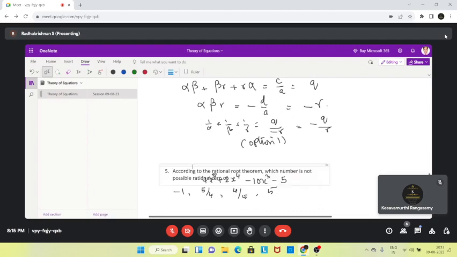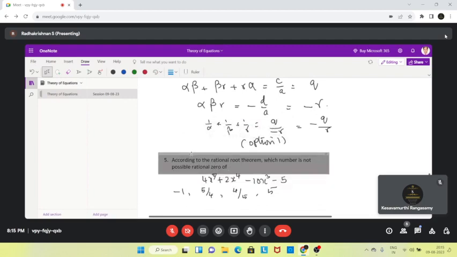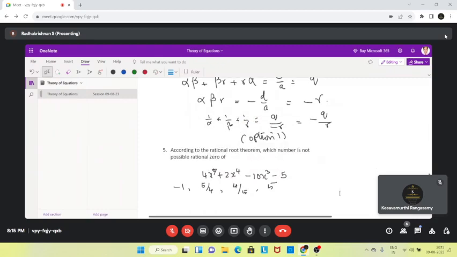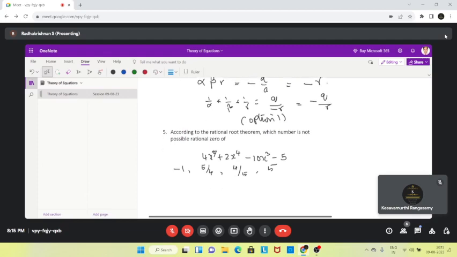No, tell me what the theorem says. The theorem says that if at all there is a rational root for this equation, it doesn't say that this should be a root, that should be a root.